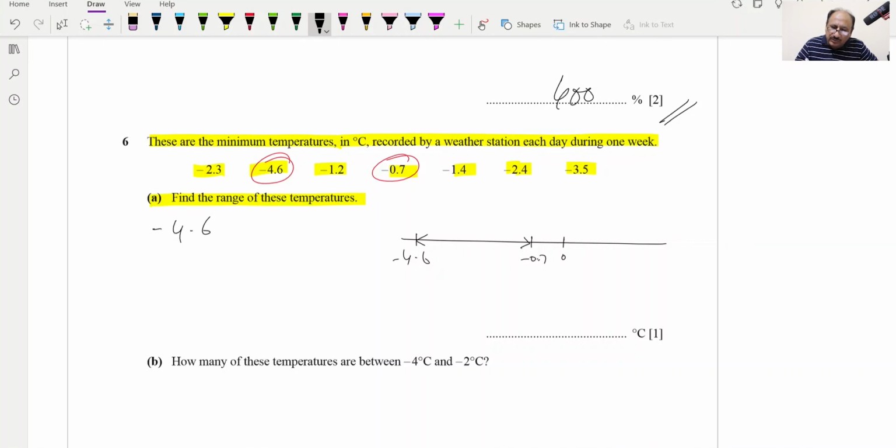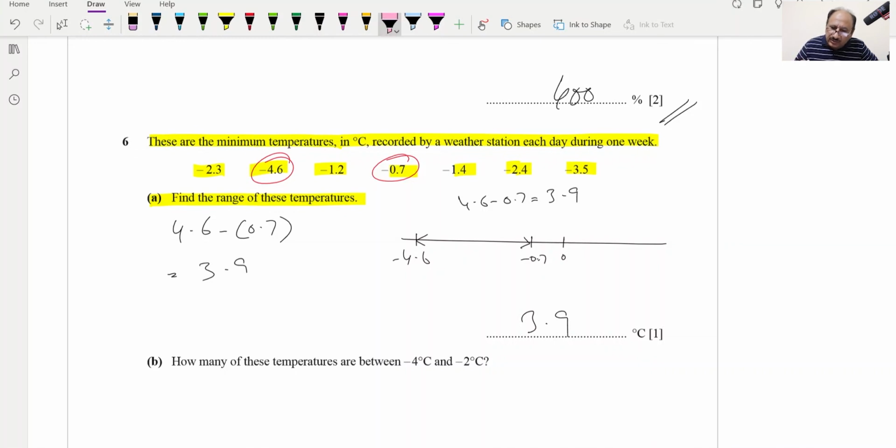So this will be 4.6 minus 0.7. So this will be equal to what, 3.9. So we can write 4.6 and minus 0.7, and this will be equal to 3.9. Our answer will be 3.9.